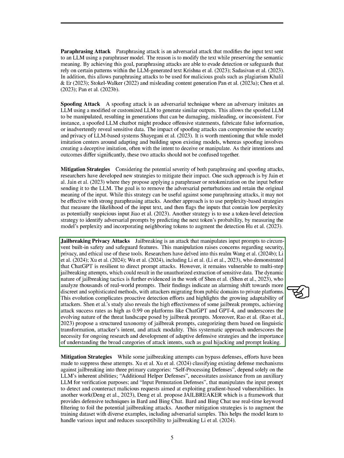The evolving nature of these tactics is highlighted by Shen and colleagues, who analyzed numerous real-world prompts and found a concerning trend toward more subtle and sophisticated methods, with attackers moving from public to private platforms. This shift complicates proactive detection efforts and demonstrates how adaptable attackers can be.